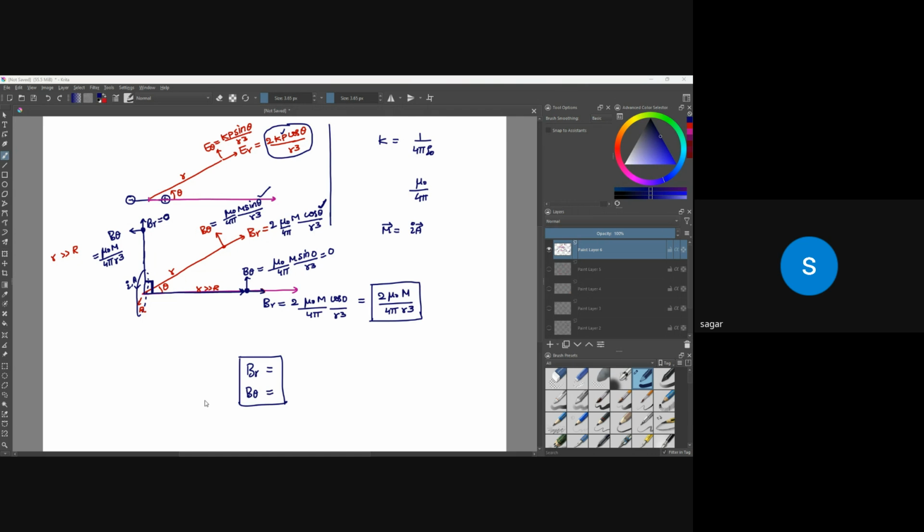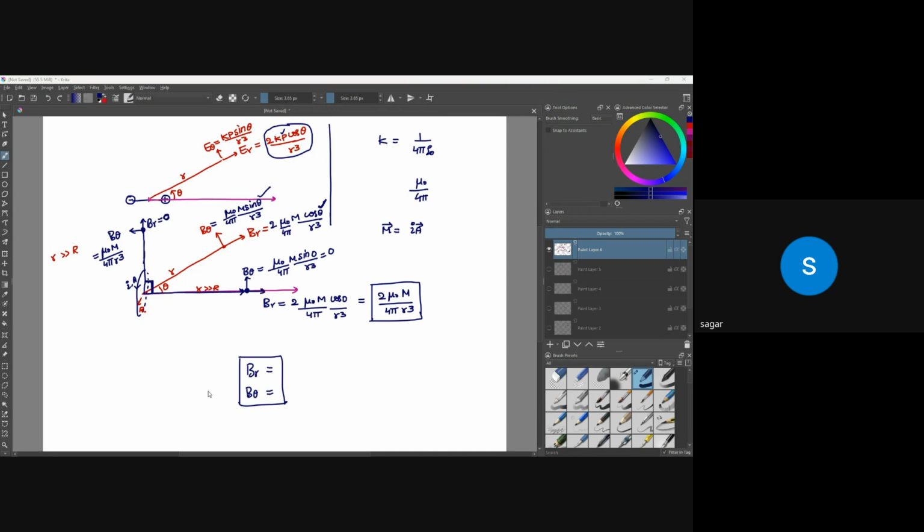Firstly, we have seen how it reacts when it is placed in a uniform magnetic field. We have seen what is net force, what is torque, what is potential energy. Next part of it is we have seen what magnetic field it creates. For that, again, we have two formulas, B_R and B theta. Using that, you can also find out field on the axial line and field on the equatorial line.